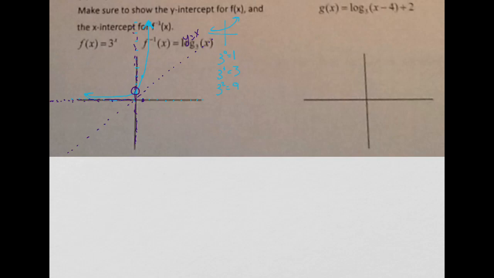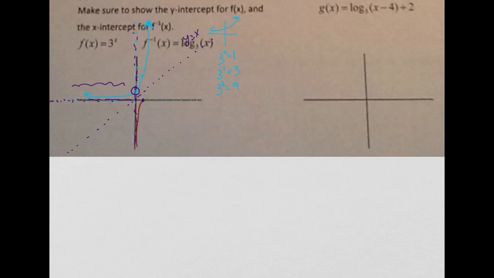So think of it this way. Over here, as x got negative, our y values got super and super closer to 0, but never got there. So on our inverse, we're going to have the opposite. As y gets negative, our x values are going to get closer and closer to an x value of 0, but they're never going to cross. So we're going to have that vertical asymptote there.